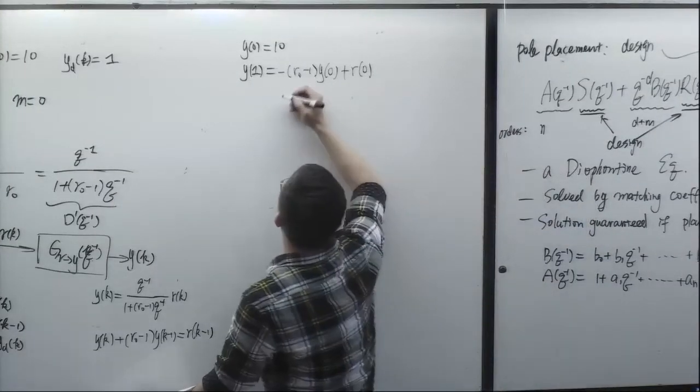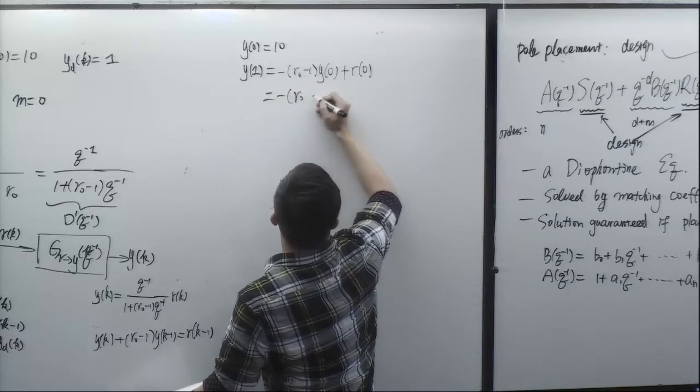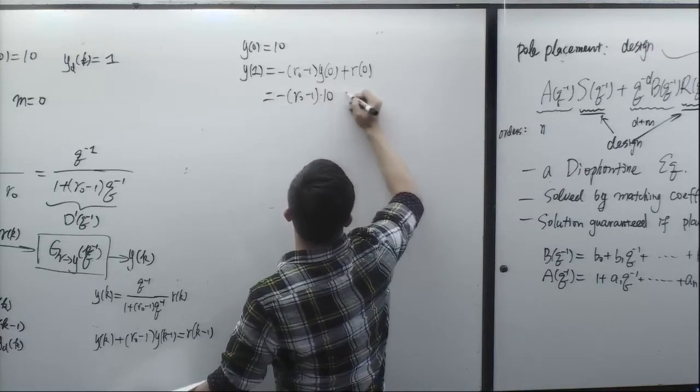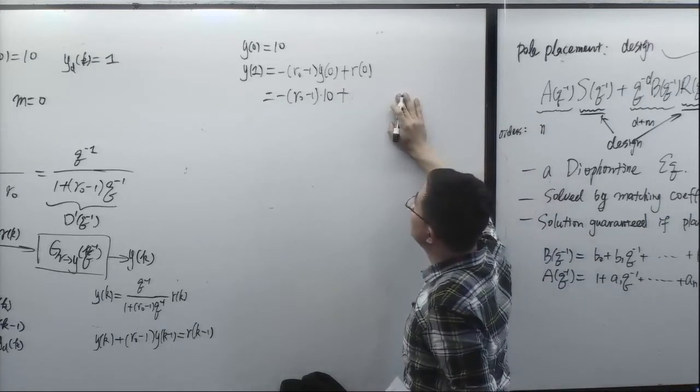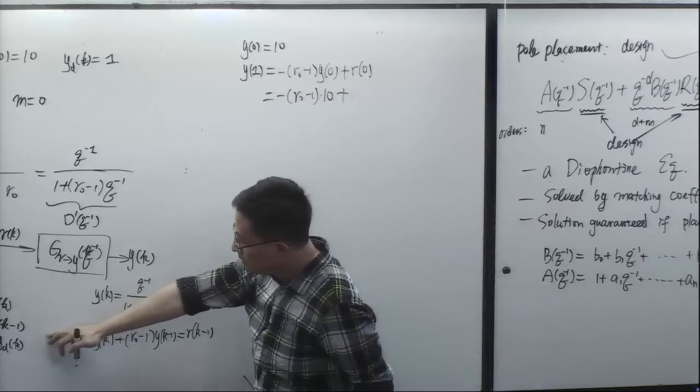And it equals, let's plug in the numbers. Y0 is 10, and R0 is on this side.